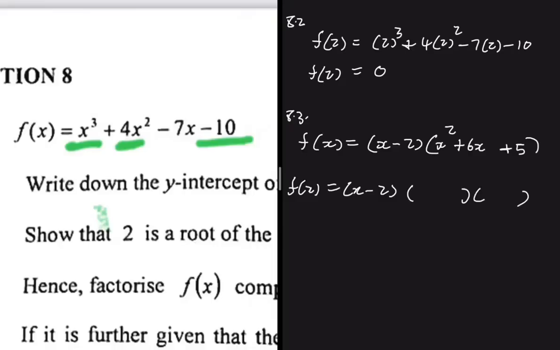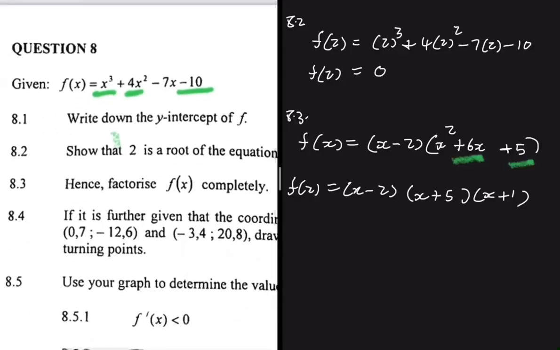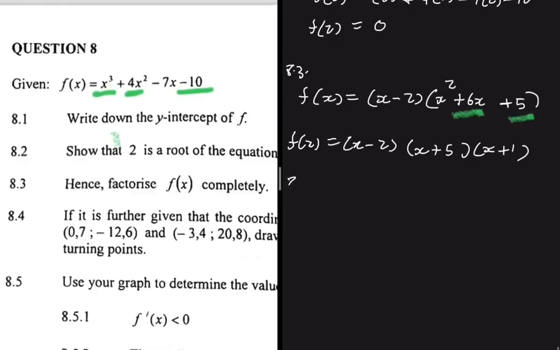So when we're factorizing a function like this, we're looking for two numbers that when we multiply we get 5, and then when we add we get 6. That is easy to see, right? That will be plus 5 and plus 1. So we're gonna have x plus 5 multiplied by x plus 1, and just like that we have factorized our cubic function completely, right?